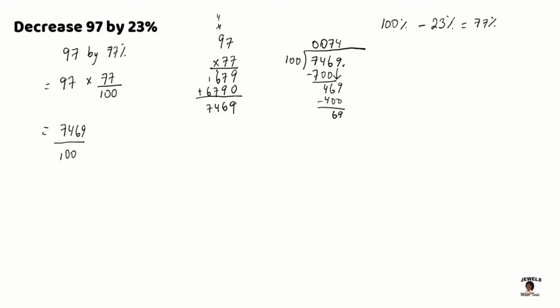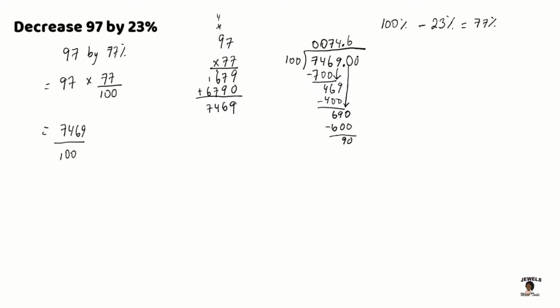Add in your decimal point in your dividend and the quotient. Add a 0, bring down that 0, changing 69 to 690. 100 divides into 690 6 times. 6 times 100 is 600. 690 minus 600 is 90.